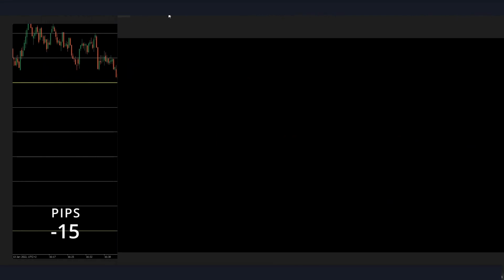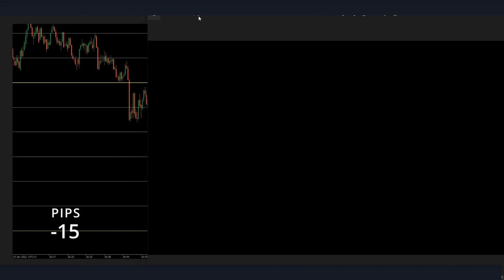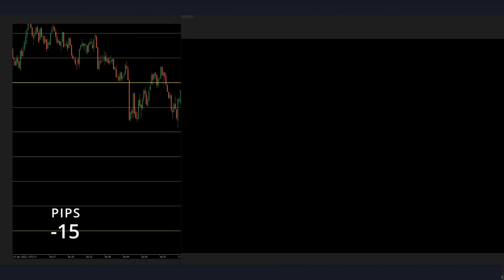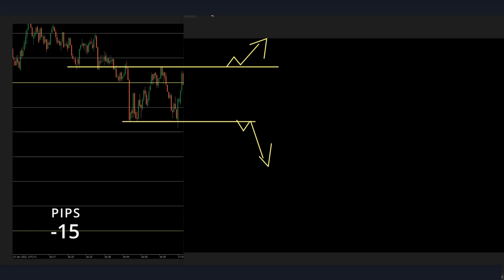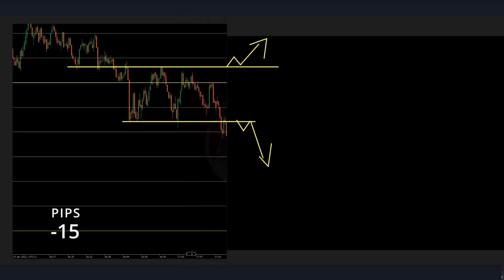I think this is the same trade idea. Yeah, let's see. After 10 a.m. candle, we have this PSA on the left hand side. We have this strong PSA on the upside. Okay, price is now possibly breaking below that.